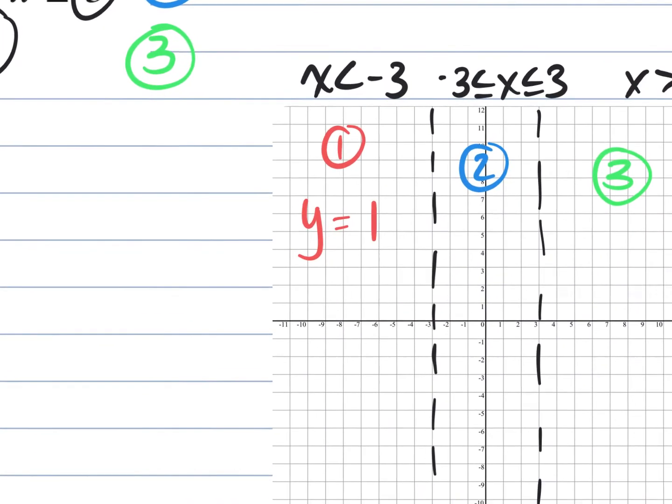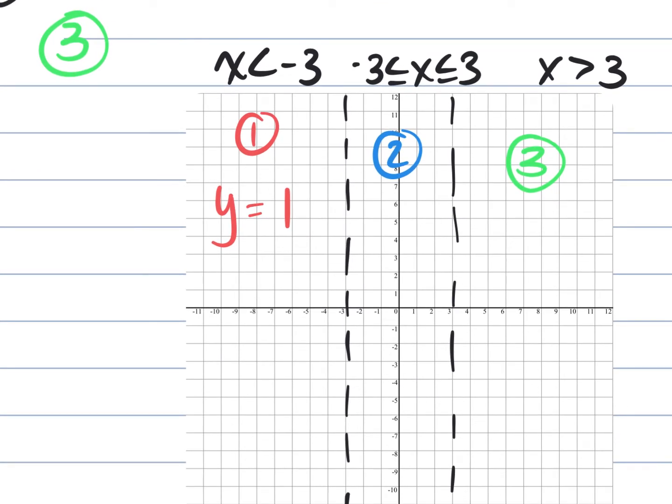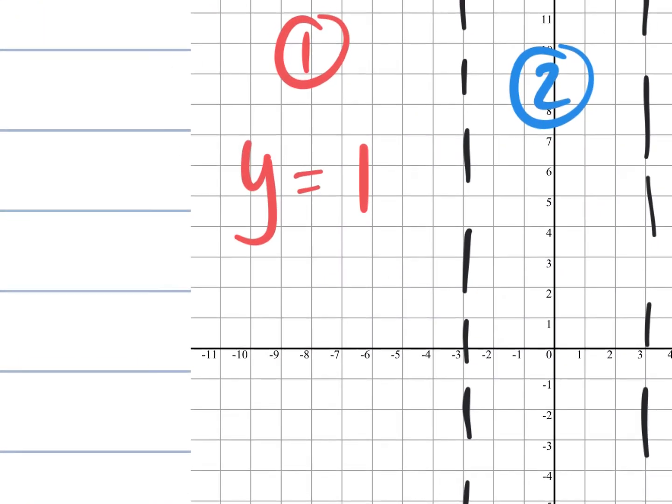So, what kind of a line is y equals 1? It's horizontal. What's my slope of y equals 1? My slope is 0. What's my y-intercept? My b is 1, okay? So if we were to start at 1 and have a horizontal line, it would look like this.